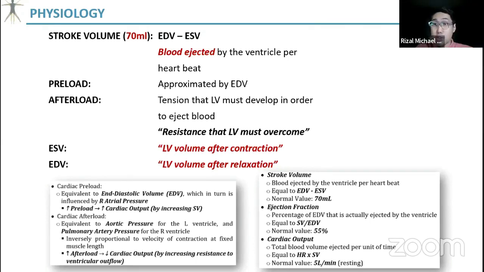Kaya nga siya end systolic, right? End systolic volume, volume after systole, right? So end diastolic naman is the volume after diastole or after relaxation before contraction. Okay? So, yan. Very important yung mga concepts na to, right? So preload as approximated by your end diastolic volume.